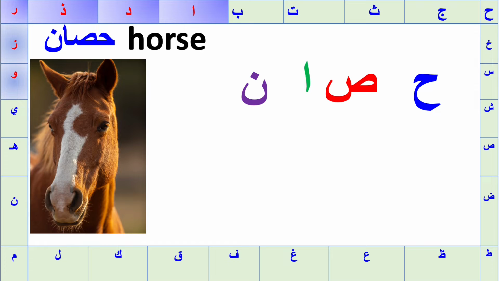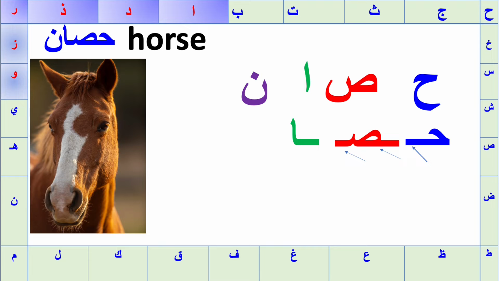The ha can connect with the following letter, so it will extend to the left. The sad can connect with the preceding and following letter, so it can connect both ways, as you can see here. The alif can connect only with a letter to the right hand side.